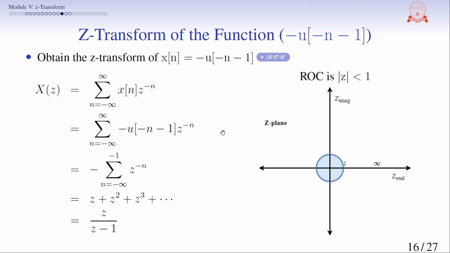So here the ROC will be mod z less than 1, as my sequence is an anticausal signal. It also includes 0 value.